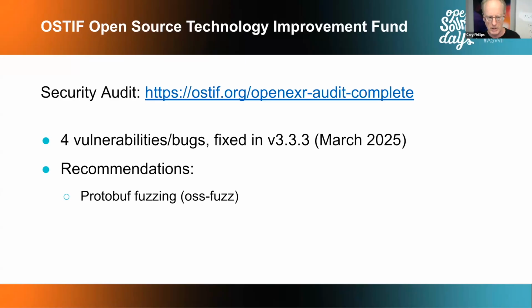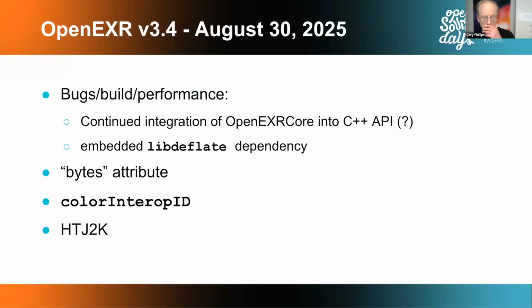Again, we would have regarded these as just garden variety crashes or bugs, but I think the takeaway from this is it's a pretty secure piece of software. They did make some recommendations on how we can improve our fuzzing process, which we'll act on at some point. Looking forward to the release for next year.